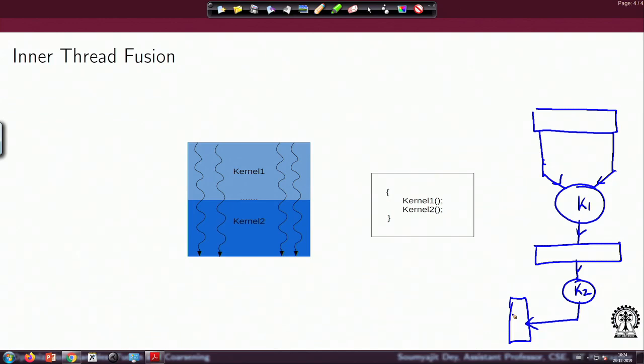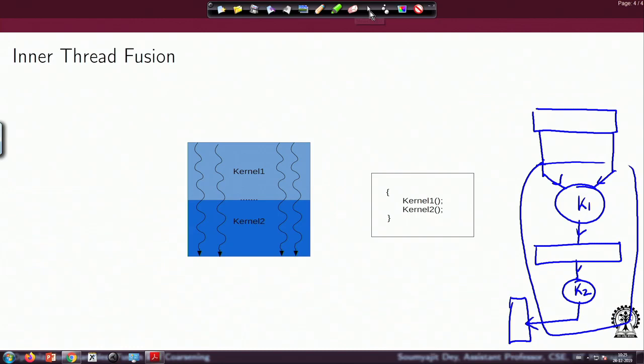All we are doing is fusing this part, creating one kernel, and letting each thread perform the operations of kernel K1 followed by the operations of kernel K2. So, we are allocating the job per thread from kernel 1 followed by kernel 2 to a single kernel where each thread performs the operations of kernel 1 followed by kernel 2.